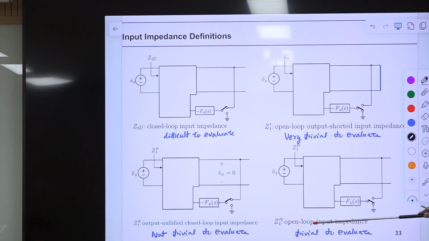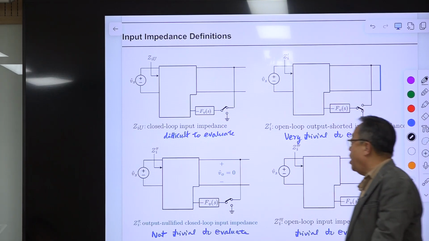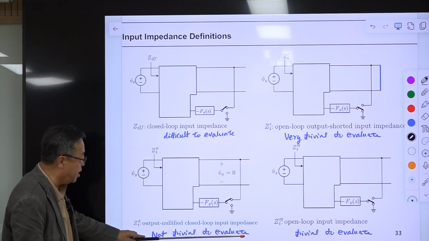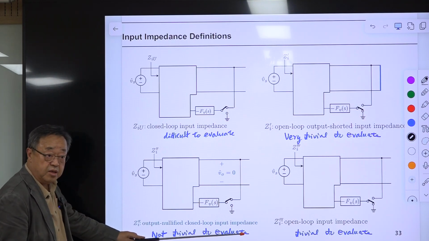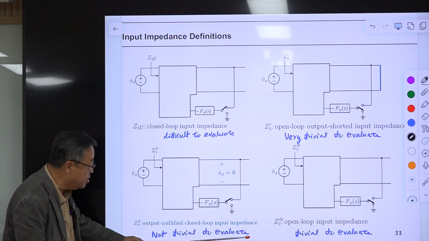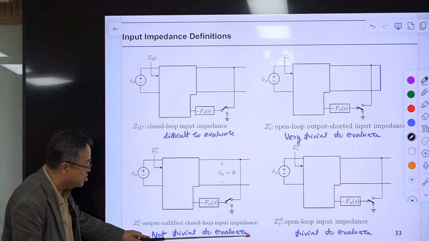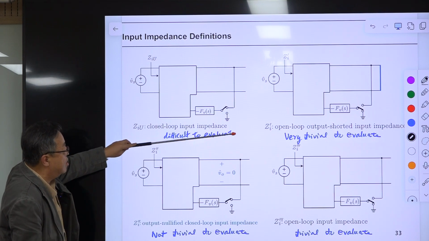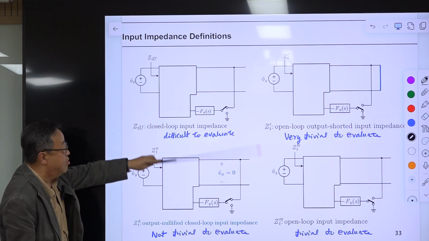And GI triple prime is open loop, output is not shorted, open loop input impedance, trivial to evaluate. And this is the output nullified, closed loop input impedance, not very difficult, but not trivial. Okay, it takes some effort to evaluate this, and this one is most difficult among four.